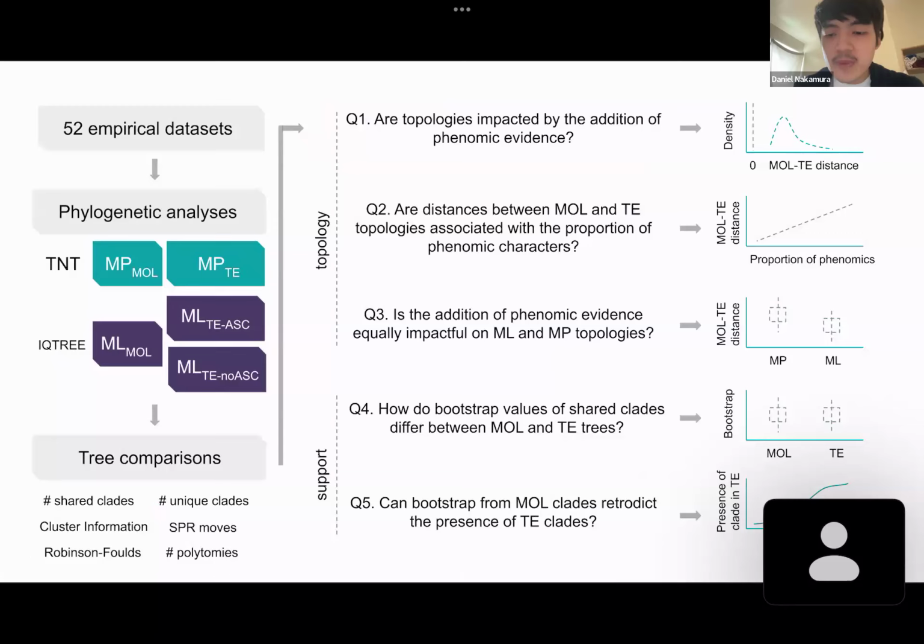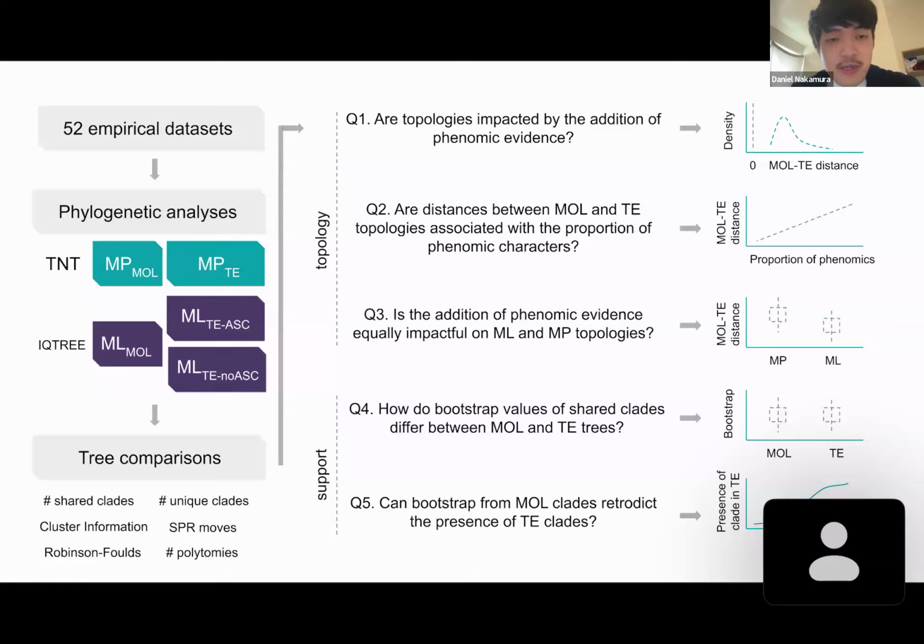So here, we used 52 empirical data sets comprising 9 to 500 leaves, 13 to 4,000 phenomic characters, and 500 to 2 million molecular characters. So we have data sets with different sizes here.